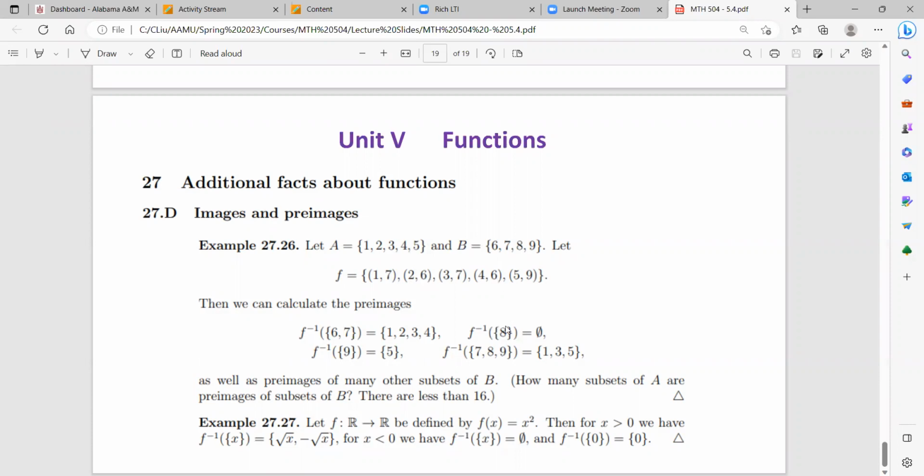So you can basically rule out the number 8 in all the subsets, because each subset of the codomain B including 8 will give you the same answer when you try to find the pre-image as the other subset with the 8 taken out.